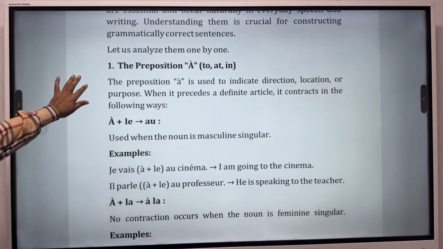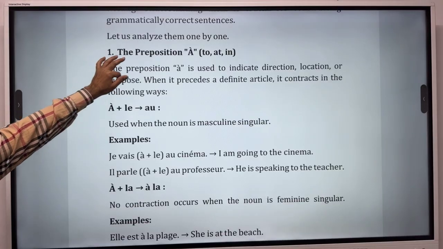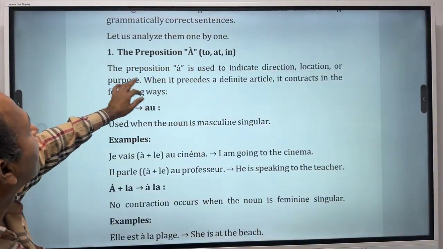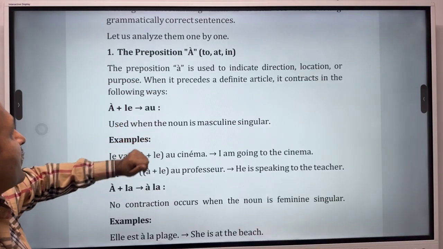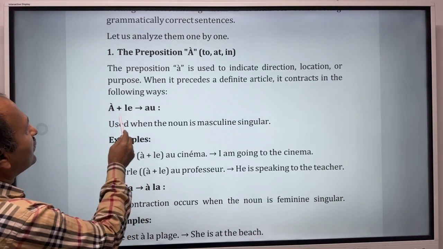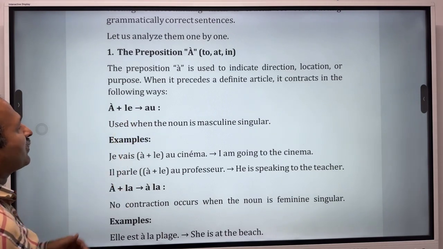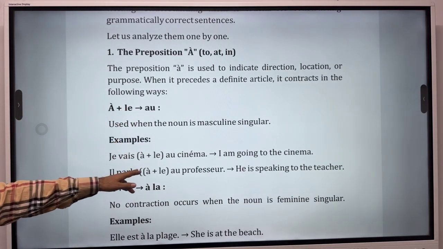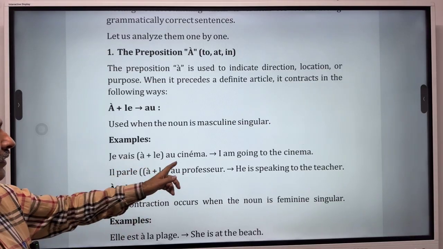You can use it. Now the preposition à: to, at, in. À plus le becomes au. It will be used only when le can be used before a noun, that is, a masculine singular noun, like je vais au cinéma.